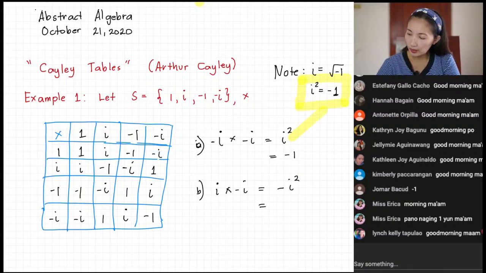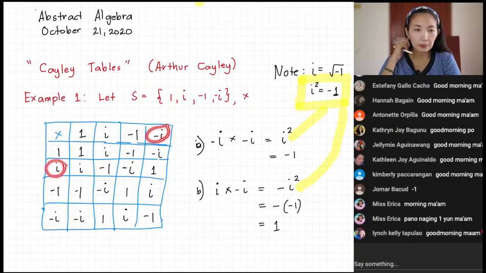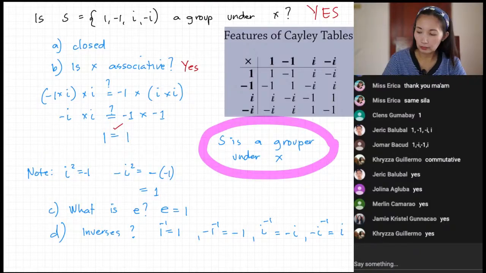I squared is equal to negative 1. So this becomes the negative of negative 1, which is positive 1. Correct? There you have it, positive 1. I times negative I is equal to positive 1.